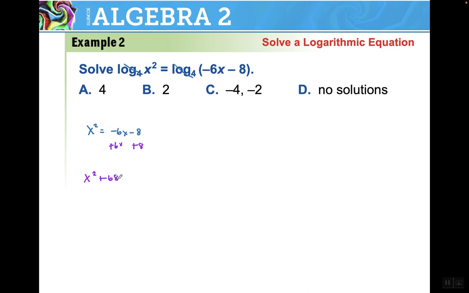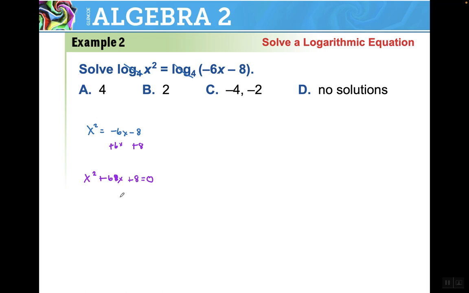Whoops, that's not an x. I don't even know how to erase on here. Okay. So I have x squared plus 6x plus 8 equals 0.